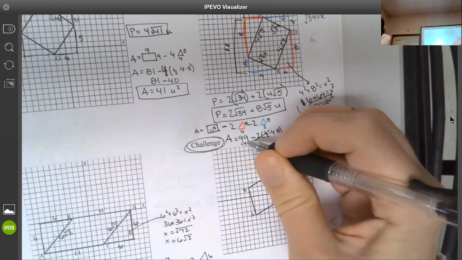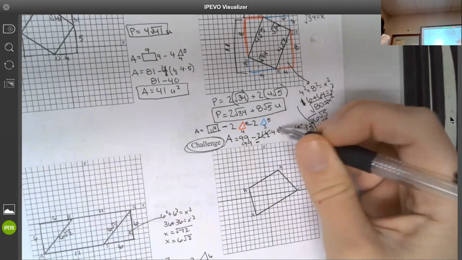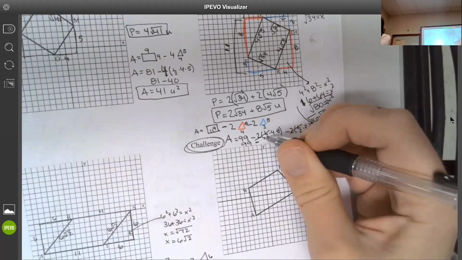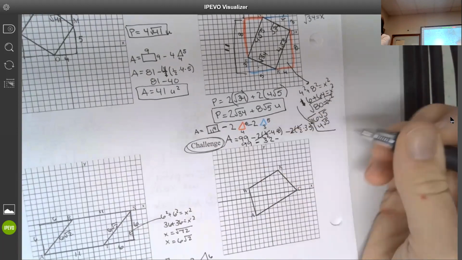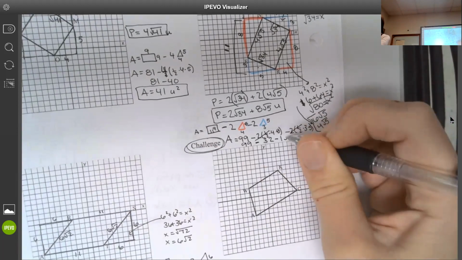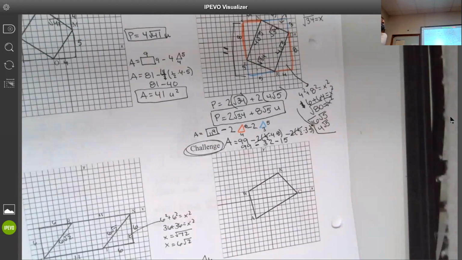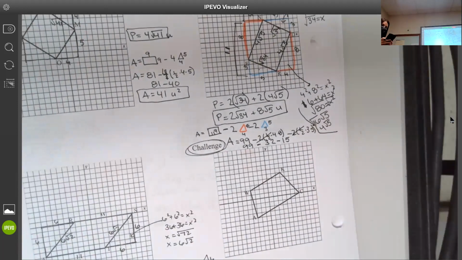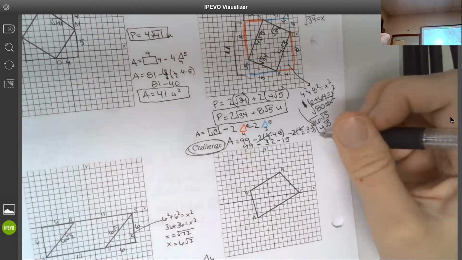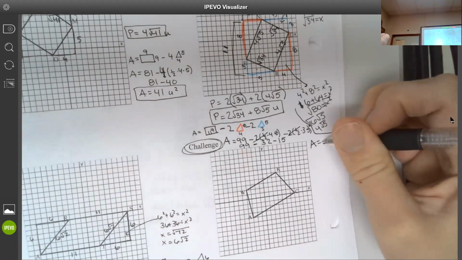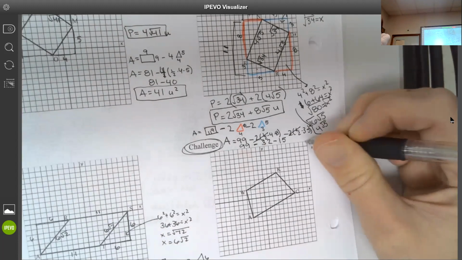So I'm going to get 99 minus 32, subtract 15. And I'm just going to use my calculator. 99, subtract 32, subtract 15, giving me an area of 52 units squared.